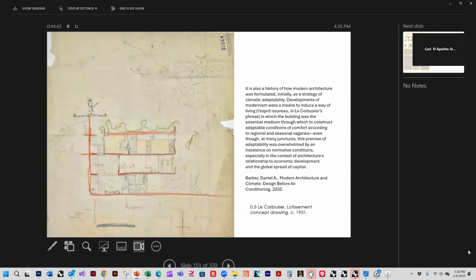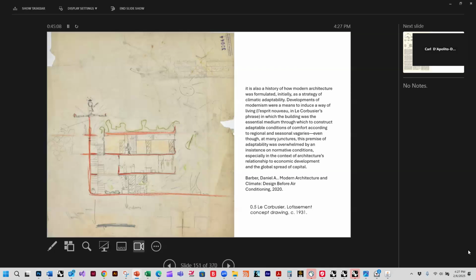And it talks a lot about how Corbusier was very interested in the sun, and how modernism was framed around producing a machine that could go around and produce comfortable conditions in different situations.